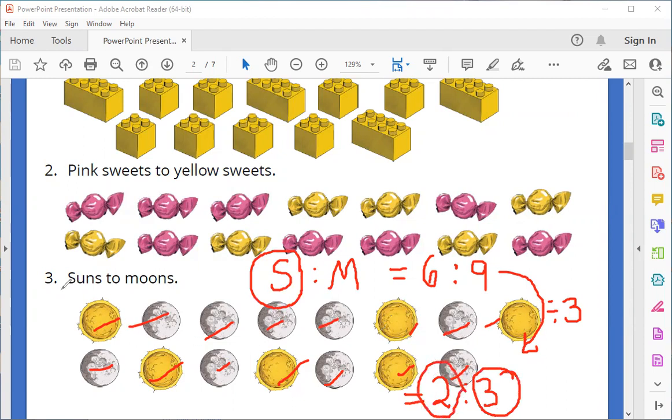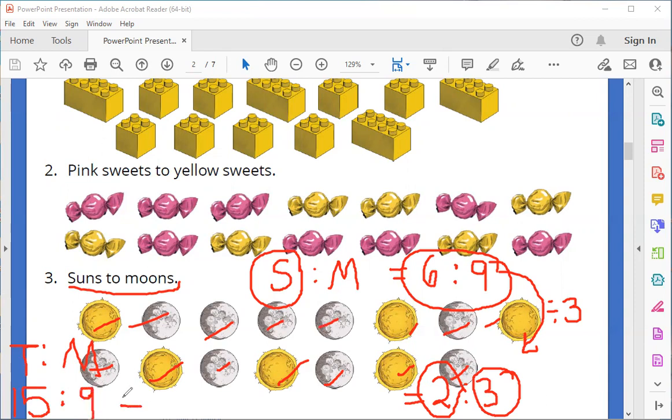Now all together here, how many suns and moons are there? You add these up, you'll have 15. And if I changed and asked you, what's the ratio of the total to moons? Then you can say 15 is the total to the number of moons, which is 9.